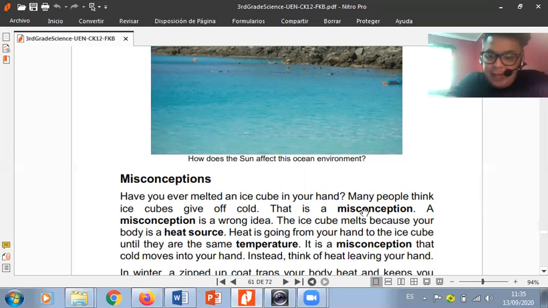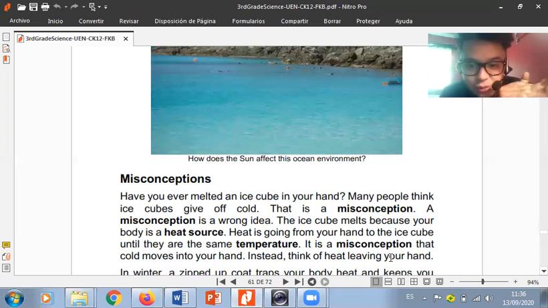The cube melts because your body and hand is a heat source. Heat is going from your hand to the ice cube until they are the same temperature. It is a misconception that cool moves into your hand instead. When you have an ice cube in your hands, it melts, okay?